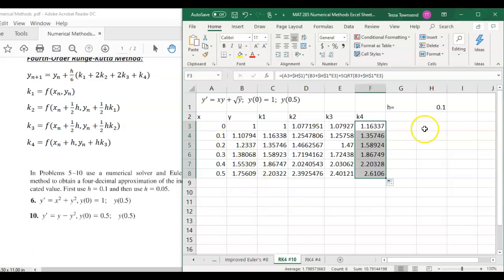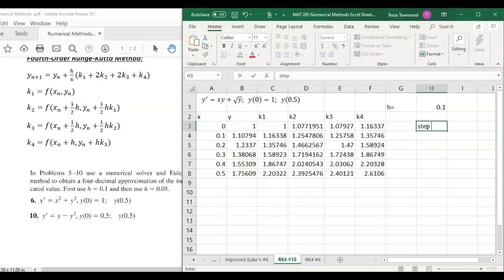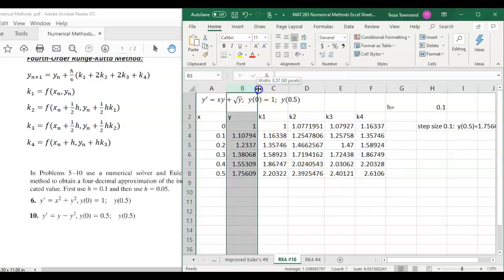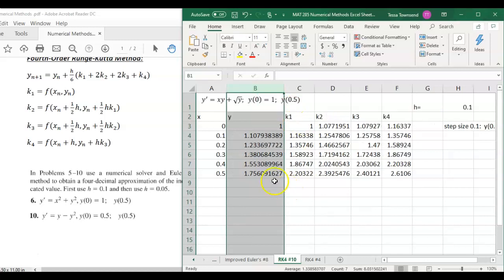So then our final answer for a step size of 0.1, y of 0.5 equals 1.75609. And if we wanted to see more decimal places, we could make this column a little bigger, and you'll see more of those.